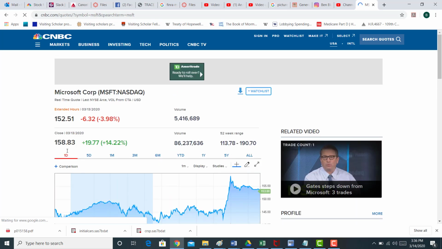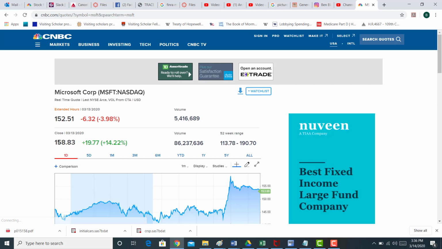So if you calculated Microsoft's stock price at 171, and right now it's trading at 158.83, actually after hours it's trading at 152.51, then you would be willing to buy this stock because you think that the market has undervalued the stock relative to the model that we've used.